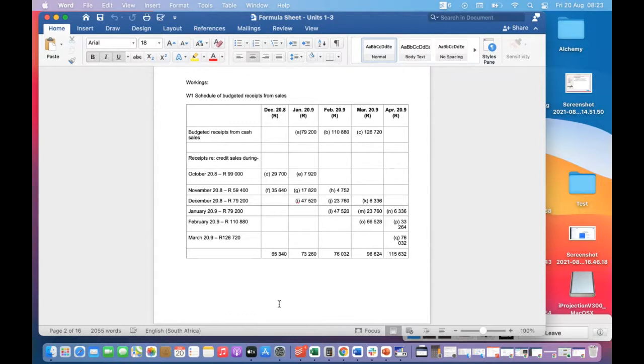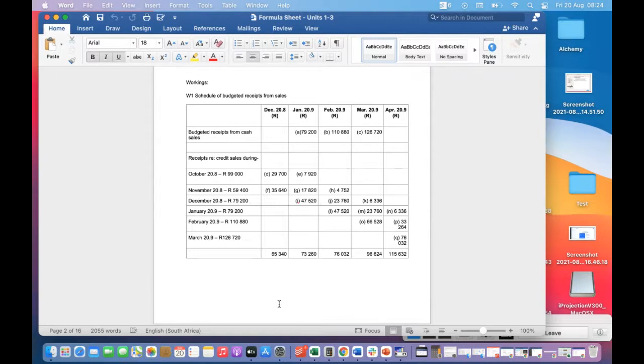Then they're going to give you the credit sales for the month of October, for the previous months. They'll tell you how many months. Then they'll give you the credit sales during the month.